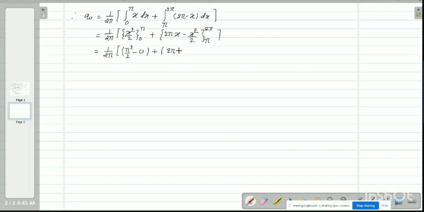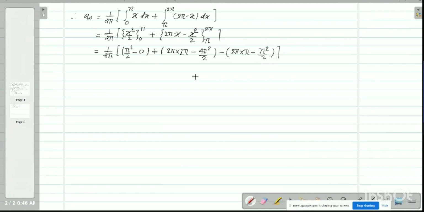And plus, for the upper limit, instead of x we put 2 pi here. So 2 pi times 2 pi minus the square, that is 4 pi square by 2, upper limit, and minus lower limit: instead of x we put pi, so 2 pi into pi minus pi square by 2.